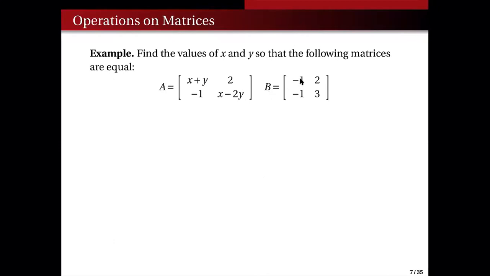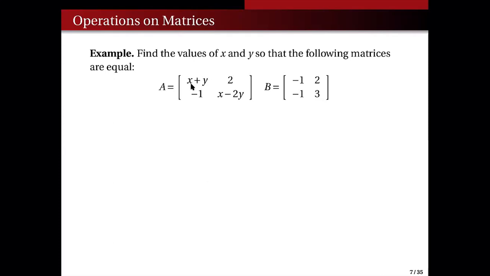Your matrix B is 2 rows and 2 columns, also a 2 by 2 matrix. So they have the same size. Now, we need to check the next condition. They must have equal entries, or corresponding entries must be equal.